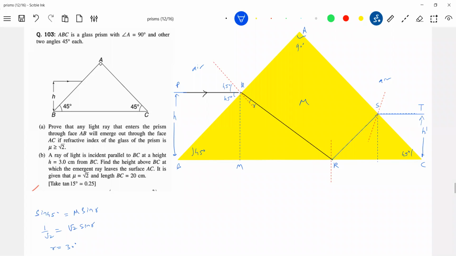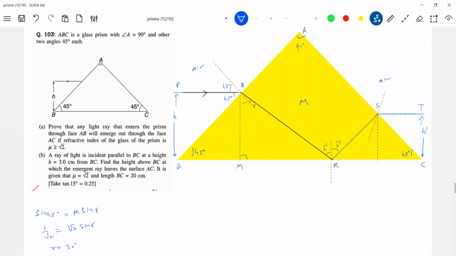Then, looking at this triangle, how much should this angle be? This will be 90. This angle of incidence I'll call I dash. Okay, no, 45. So this angle should be 45.